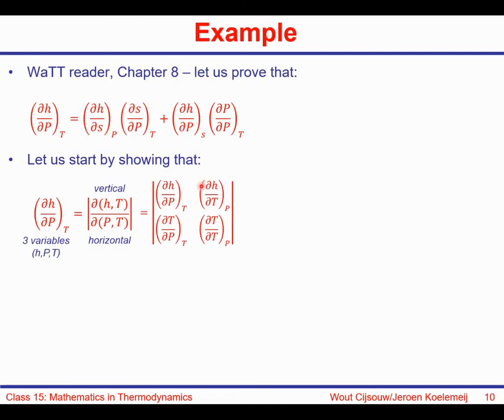That's the one here. And now we're going to move from h to t, so we have to go down 1 row. We go down in the vertical direction, and we take dt, dp. That's here. And then the last one is dt, dt for fixed p. This is now our Jacobian matrix, and we are taking the determinant of that.